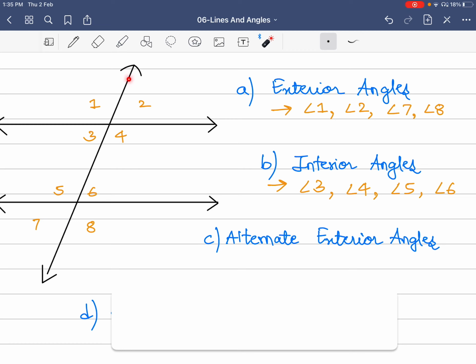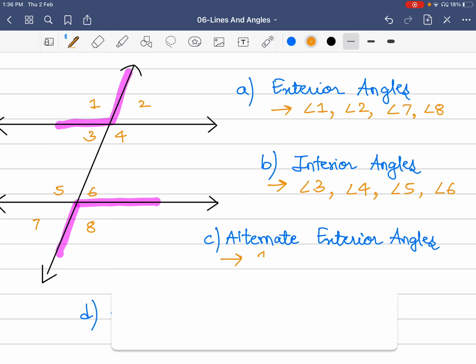Plus, they should not share a common arm. For example, 1 and 2 are exterior angles which lie on opposite sides of the transversal, but they share an arm. So now let's check 1 and 7. 1 and 7 lie on the same side of the transversal. So 1 and 8, I'm going to use a highlighter to mark it. 1 and 8 is a pair of alternate exterior angles.